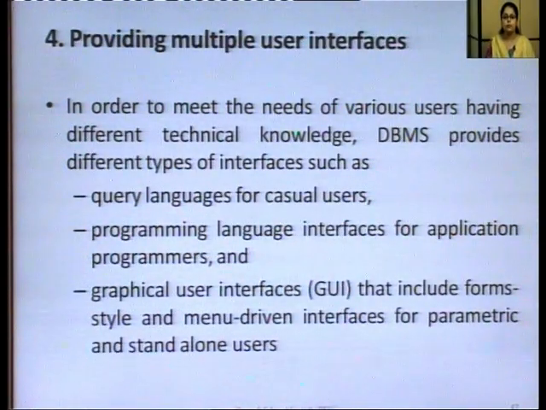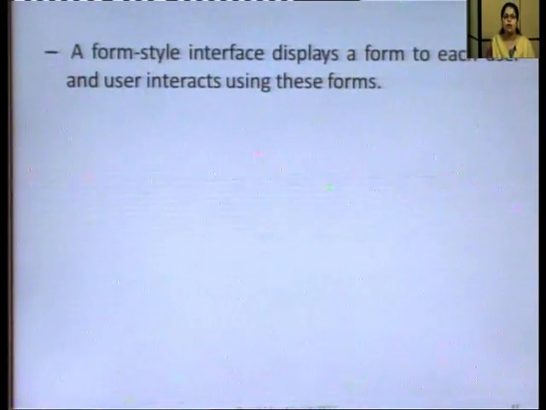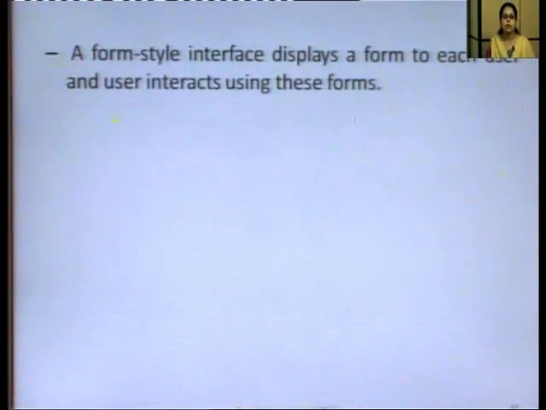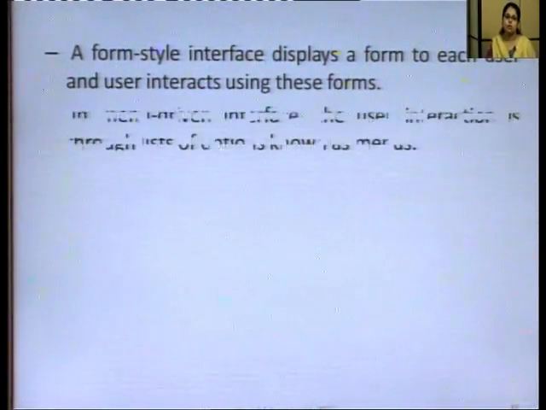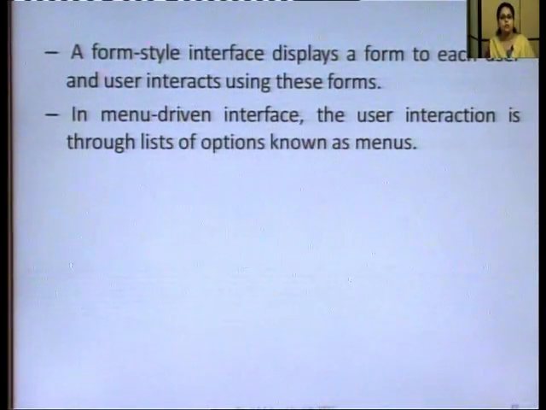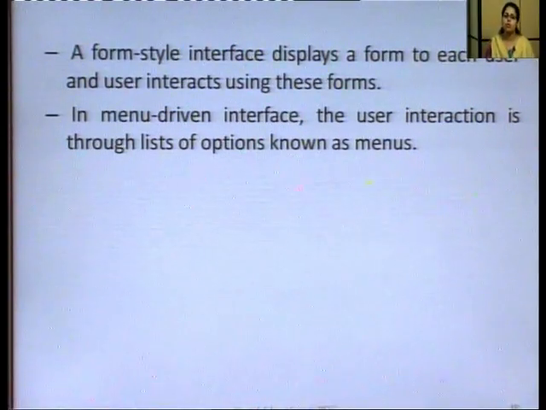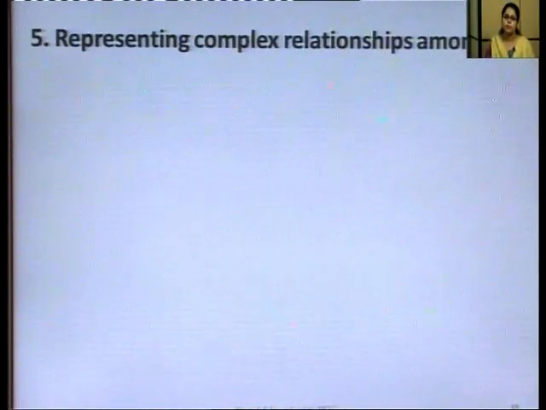For parametric and standalone users, graphical user interfaces, which include form style and menu driven interfaces, are created. A form style interface displays a form to each user, and the user interacts using these forms. In a menu driven interface, user interaction is through a list of options which are called menus.